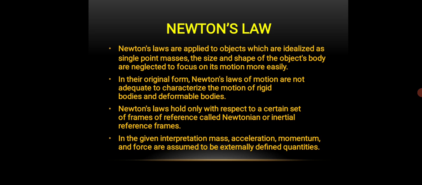Newton's laws hold good only with respect to a certain set of frames of reference, which are called Newtonian or inertial reference frames. That is why, while stating the three laws, we use the words inertial reference frame. In the given interpretation, the mass, acceleration, momentum, and force are assumed to be externally defined quantities.